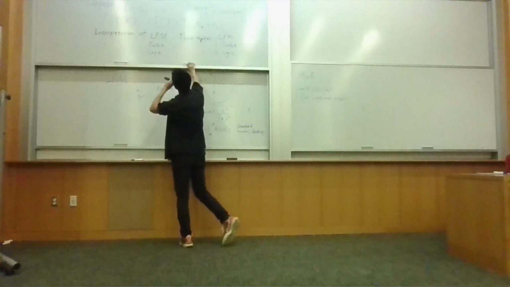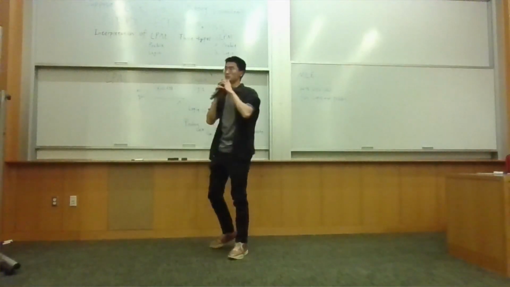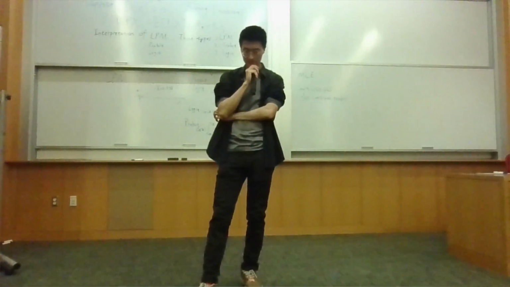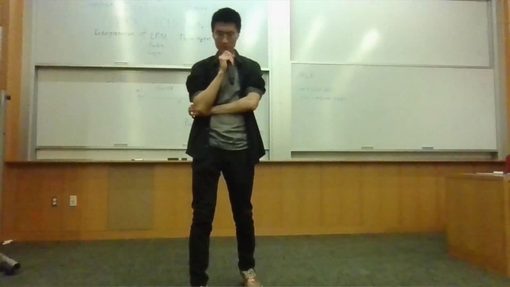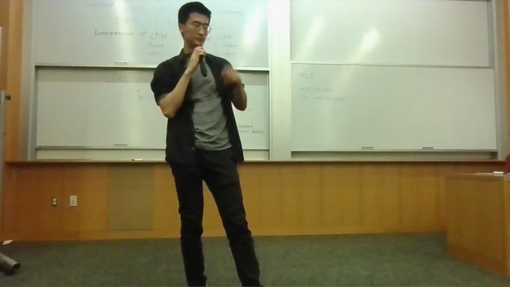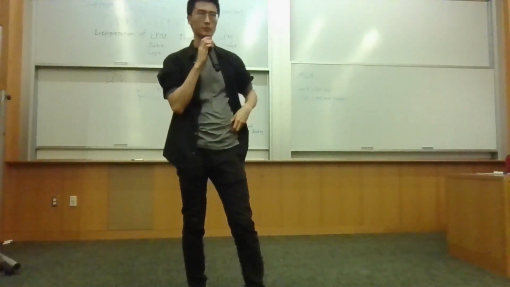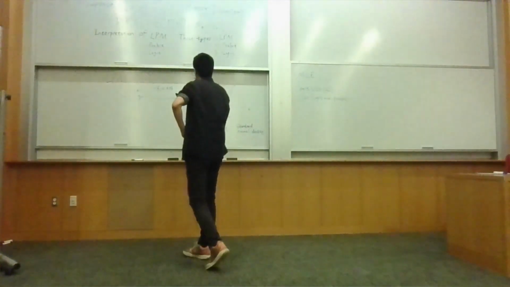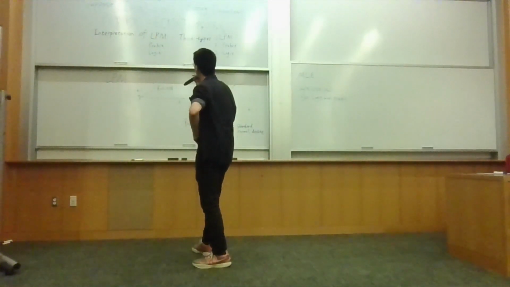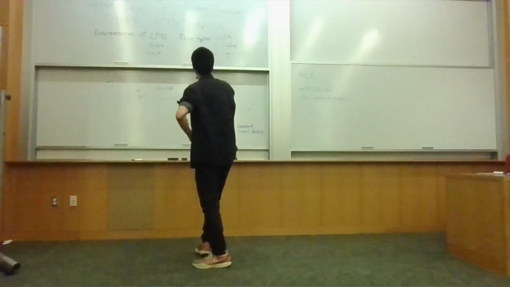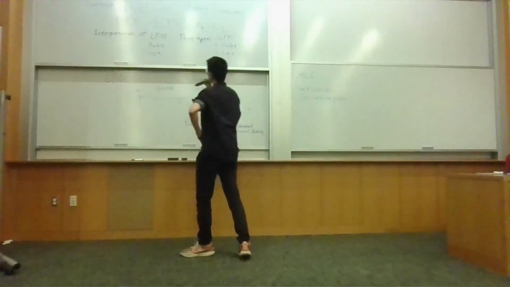Okay, so the linear probability model. We have covered that your independent variables could be binary, right? It could be gender, education, or whatever. But a very natural question to ask is whether your dependent variable, your y, can be binary.